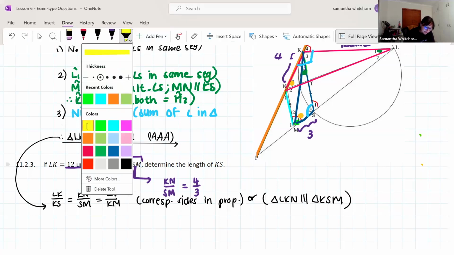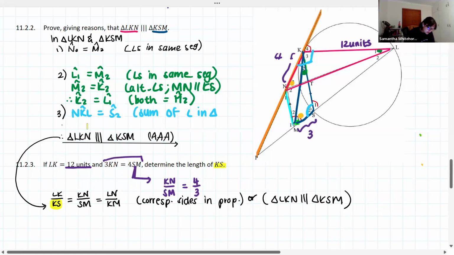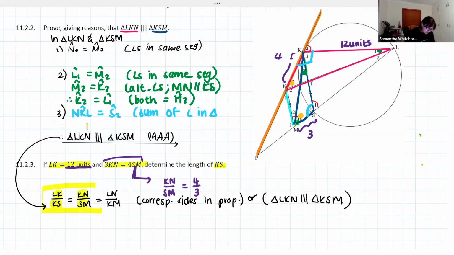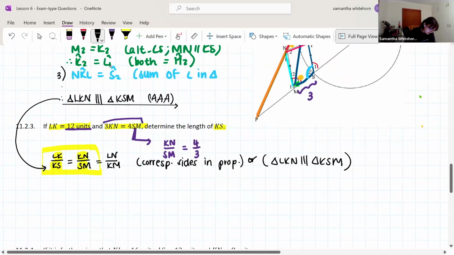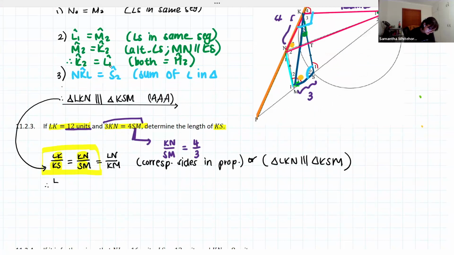We're trying to find the length of KS, so I definitely need to use the ratio that has KS in it. Now go back to what you were given. You were given LK, KN, and SM. So I'm going to use the first two fractions in this ratio. LK over KS is equal to KN over SM.